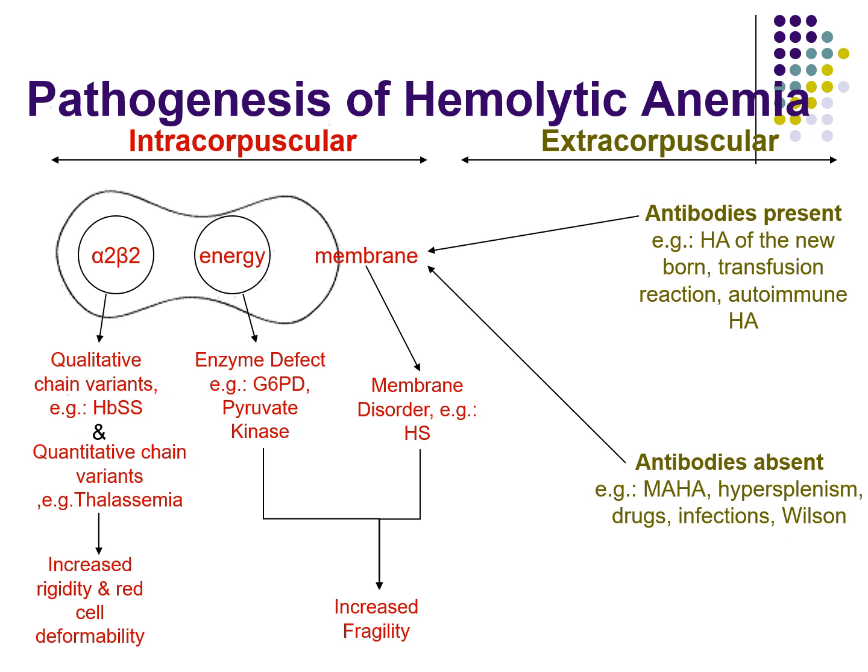The other intrinsic factor is the presence of a membrane defect, such as spherocytosis, the most common, or even elliptocytosis or stomatocytosis. In spherocytosis, the problem is that the membrane is not functioning normally.